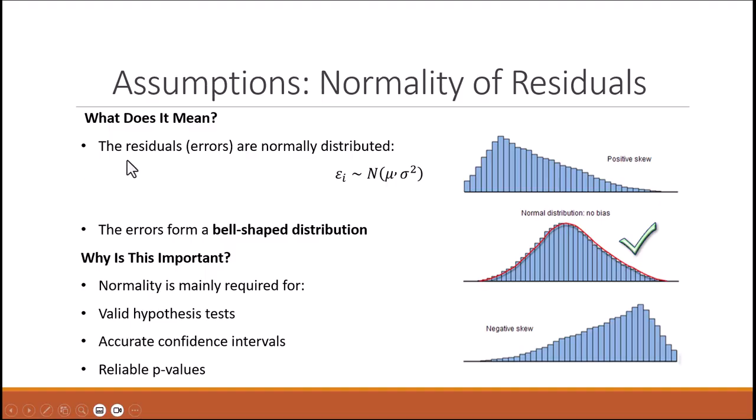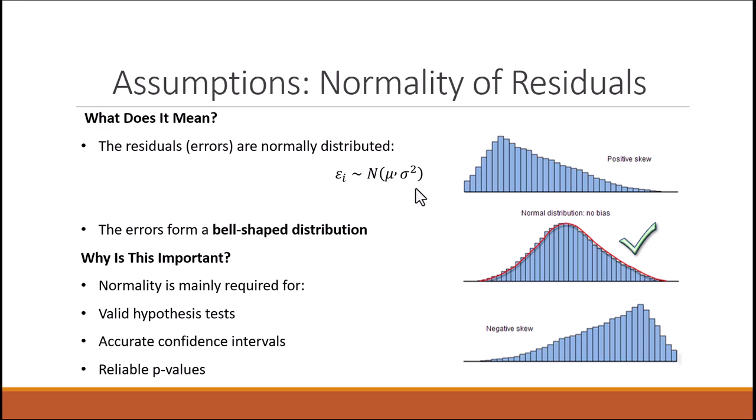By investigating the distribution of the residuals. If we create a histogram of our residuals and we see that it follows a bell shape, with no bias and no skew, it means that they follow a normal distribution, for example, with a mean of mu and variance of sigma squared. According to this, we can go and develop the linear regression model.